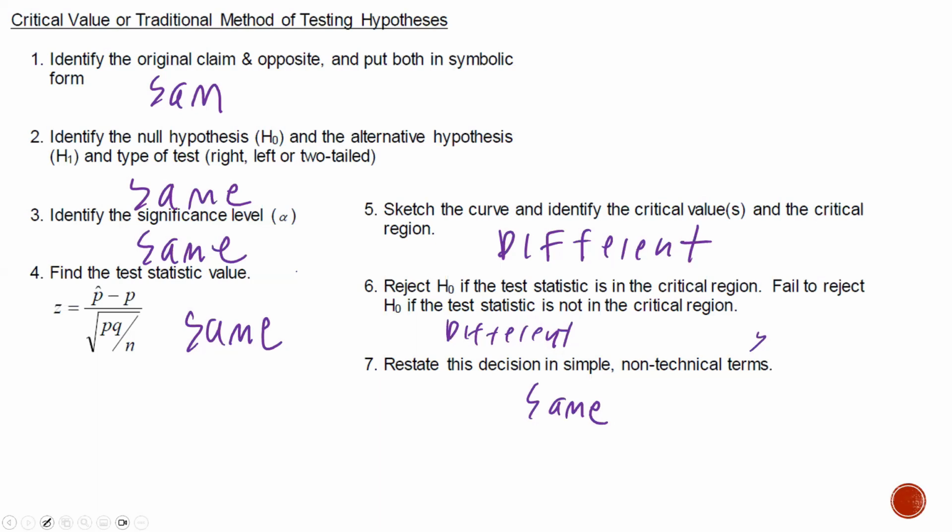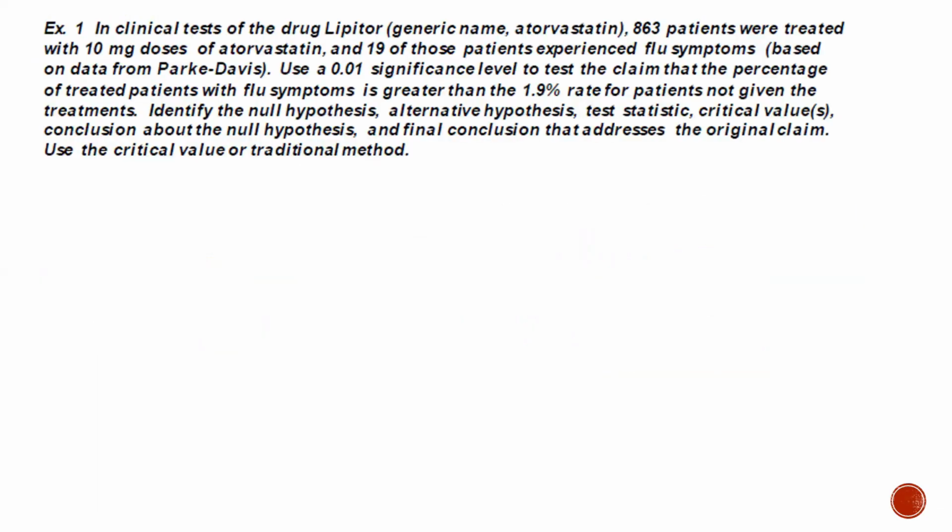So each Z has a probability. Basically, we are comparing the Z's in this example; before we compared P's. So that's the difference. Let's go through this, and you'll see it's fairly similar, and then you can let me know which method you prefer.